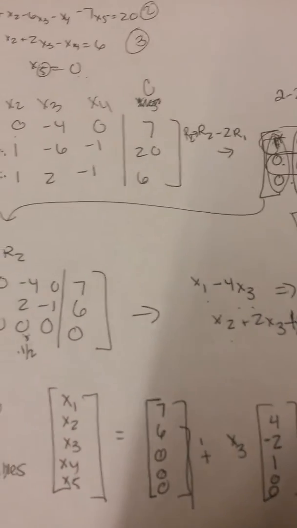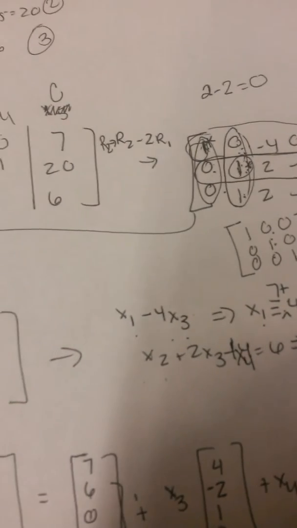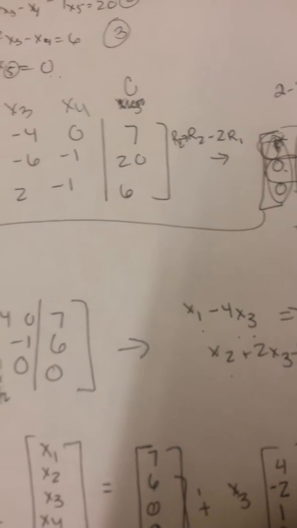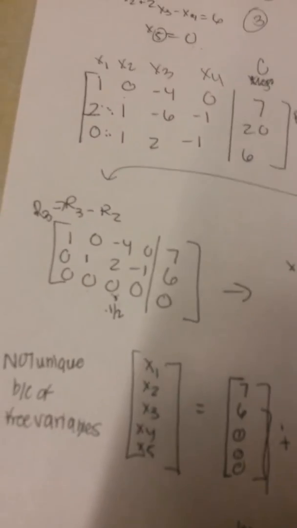So you're going to rearrange the problem, so it would be x1 equals 7 plus 4x3, and x2 equals 6 minus 2x3 plus x4, because you move these over.